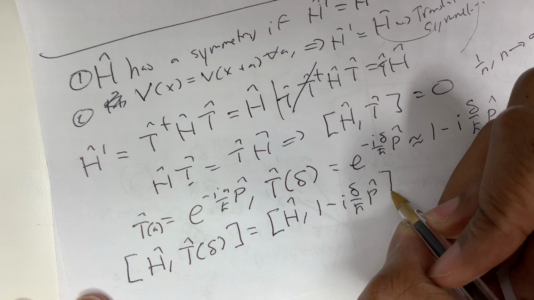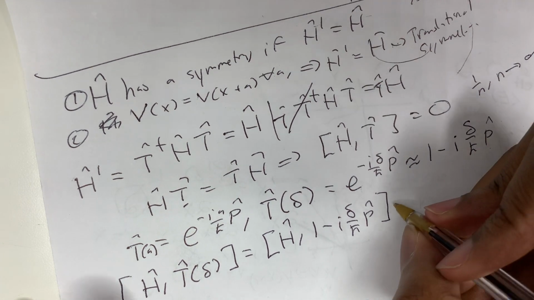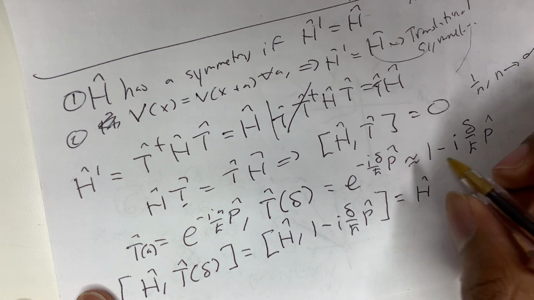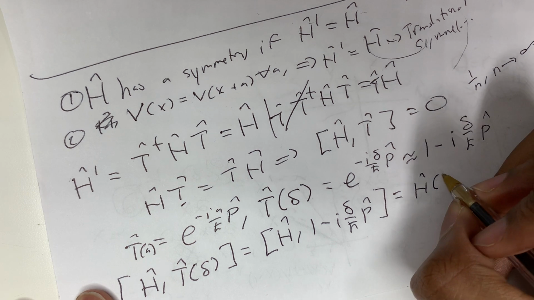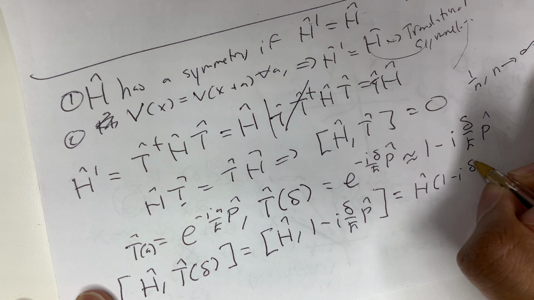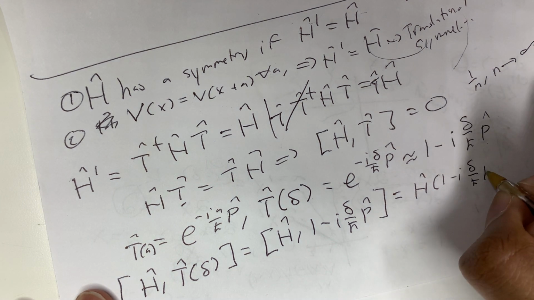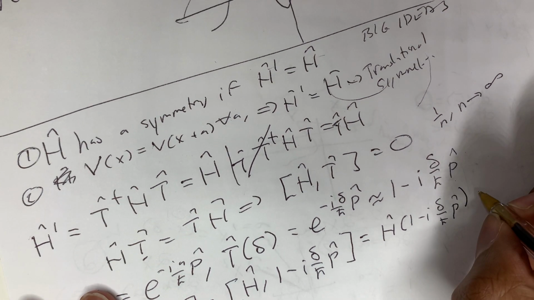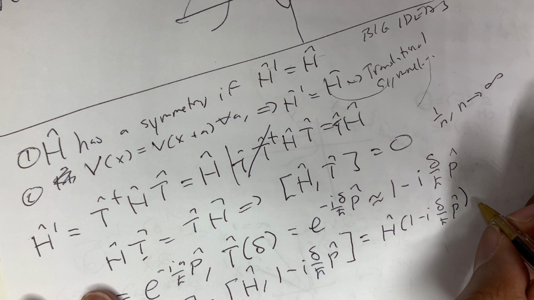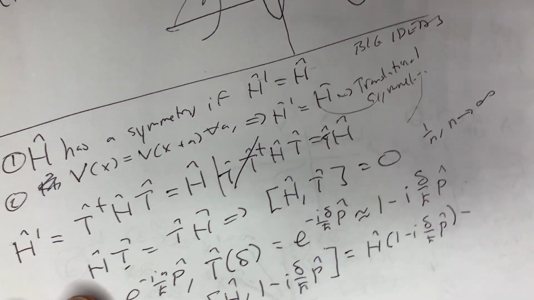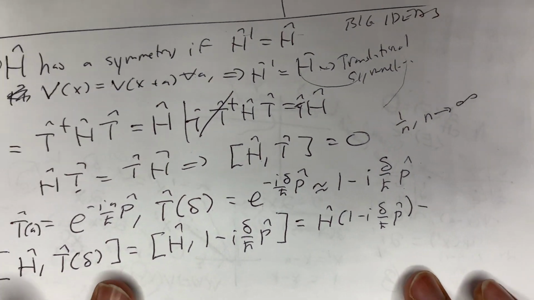And what does this equal? Well, this is just the Hamiltonian times 1 minus i epsilon over h bar p hat. I believe it's plus or minus. I think it should be minus. Yeah, minus. Hope you guys could see that.